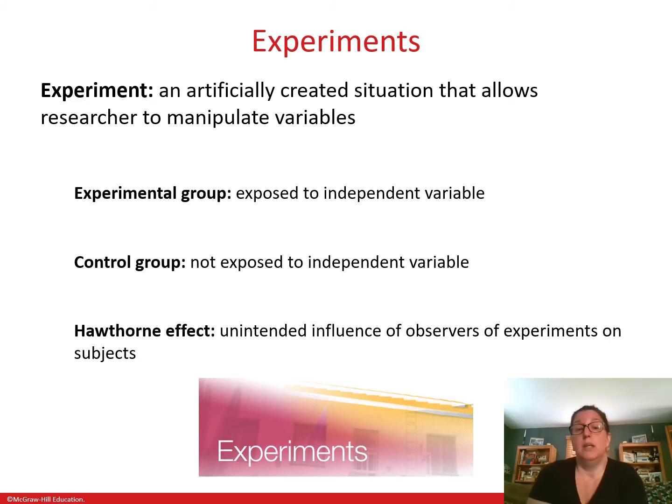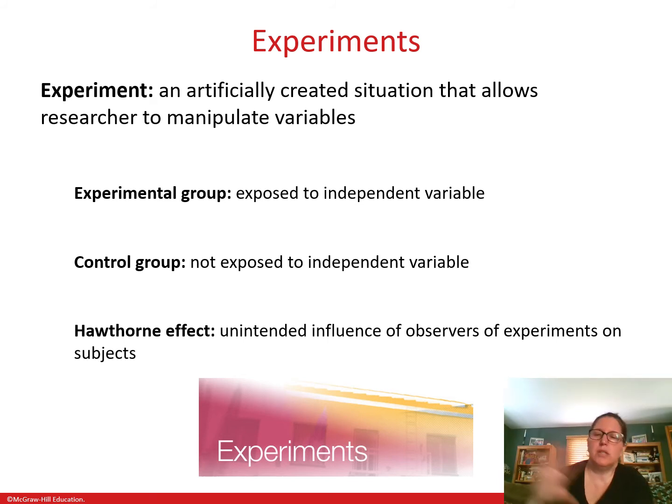Experiments. Now, experiments are an artificially created situation that allows a researcher to manipulate the variables. Pure experiments require the use of an experimental group that is exposed to the independent variable, and a control group that's not exposed to that independent variable.